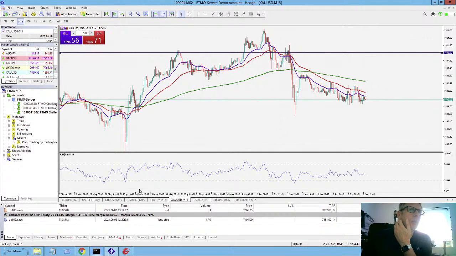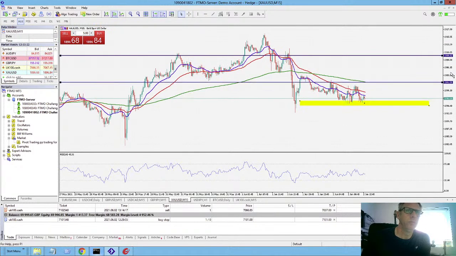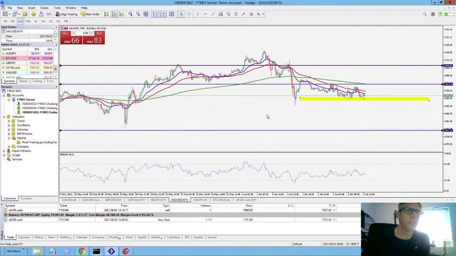Looking at today, there's potential here to short gold. If it breaks down through here, we can start putting stop losses in just above the highs and targets down. I'd probably target just down at this level here. So we've got probably 2 to 1 on gold if it breaks that level. It'd be interesting to see what happens because we are looking a little bit weaker on gold now.